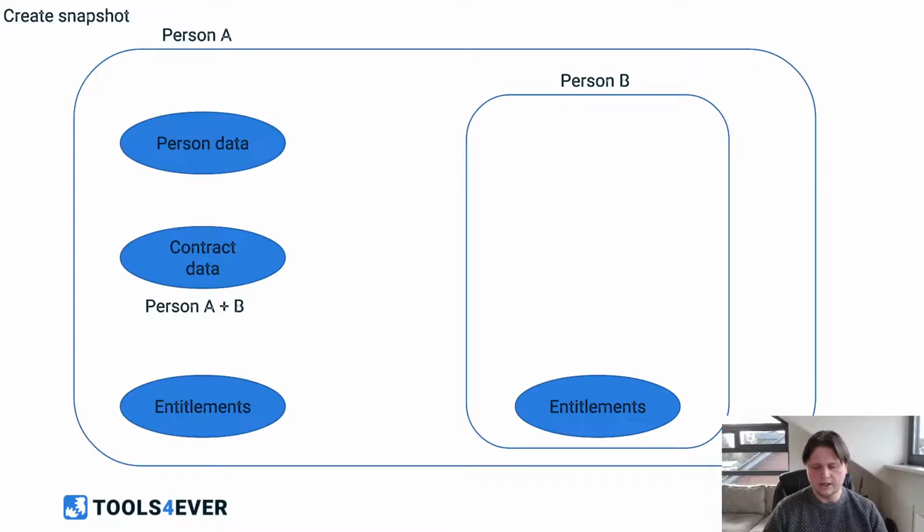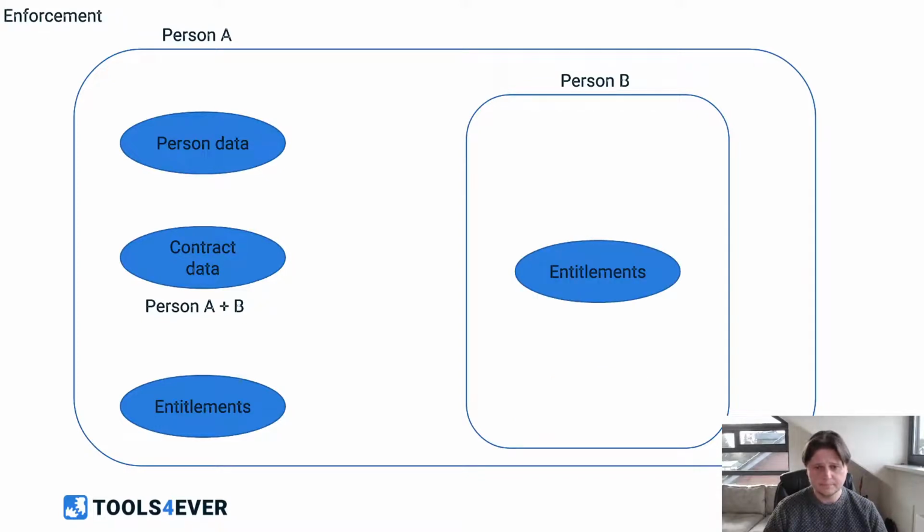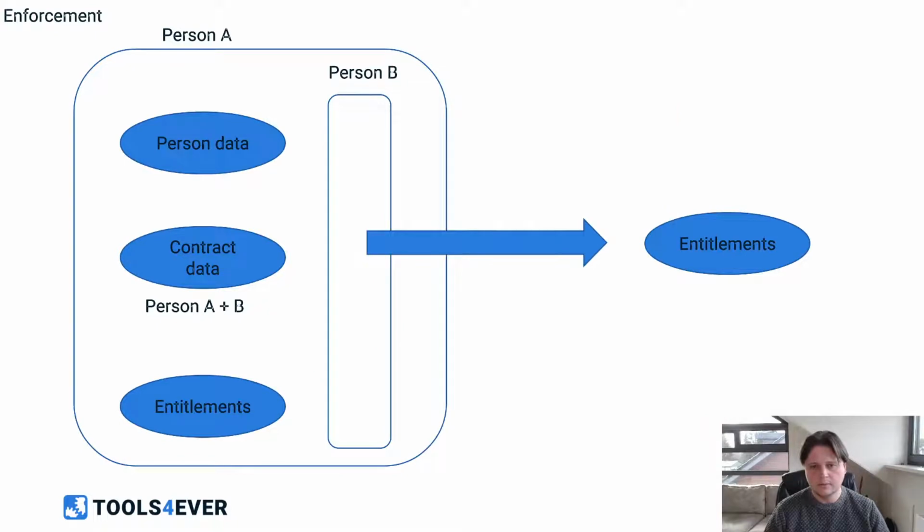And if we do an enforcement, then we go to a different step, because with an enforcement we say, okay, we have person B like a reference, and we're going to push the entitlements out. And then we're going to unmanage those entitlements, so we don't do anything again with those entitlements.